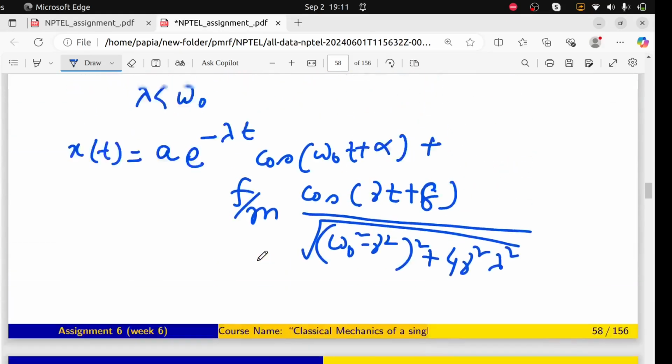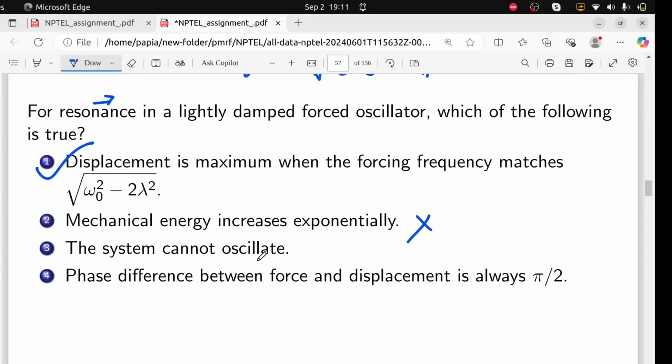So the amplitude will be maximum for the resonance case. So it is not correct that the system cannot oscillate.